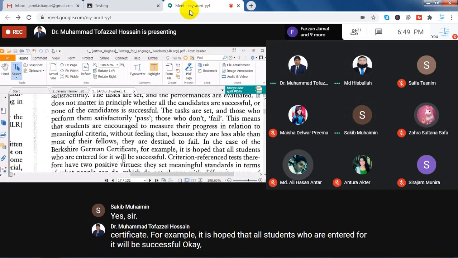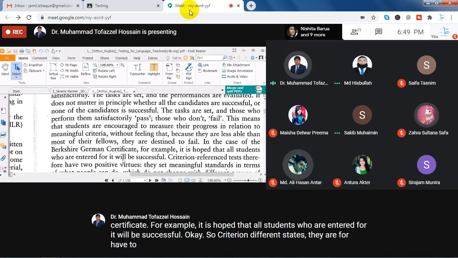Okay, so criterion reference tests therefore have two positive virtues. First, they set meaningful standards in terms of what people can do and which do not change with the different groups of candidates, and they motivate students to attain those standards.